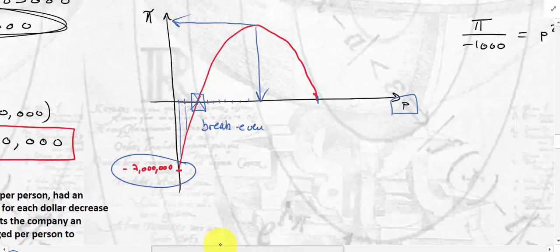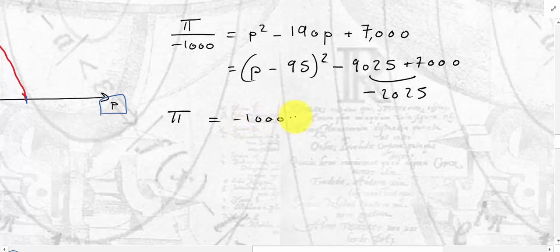It's a plus, 7 million, so it's 7,000 right here, plus 7,000. So we have P minus 95 squared minus 9,025 plus 7,000. So this is minus 2,025.